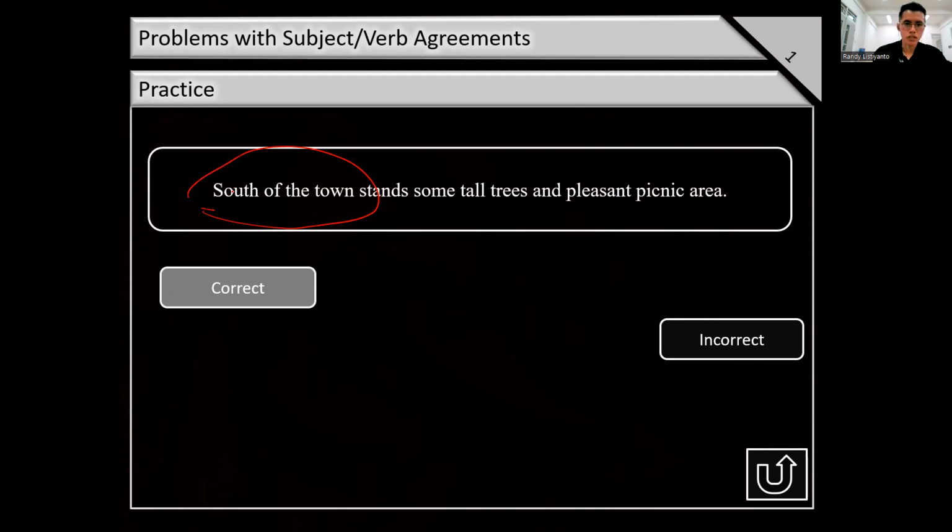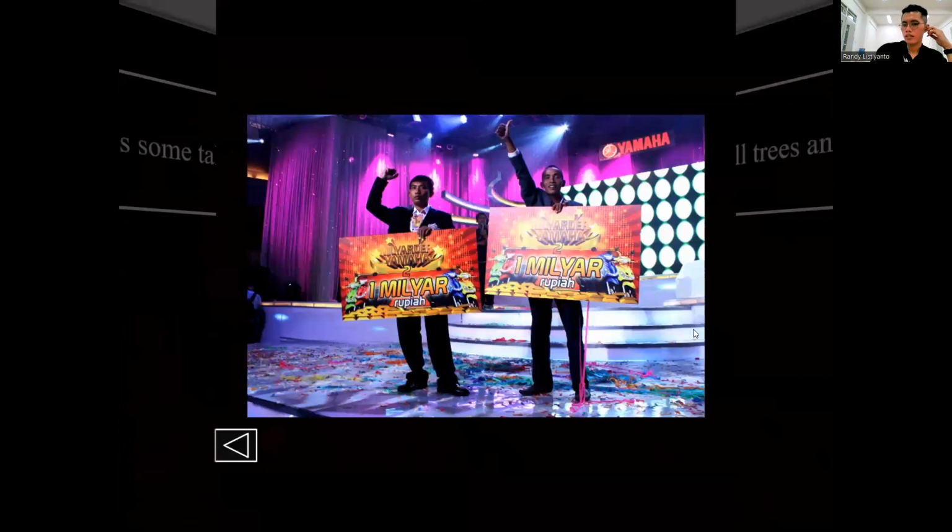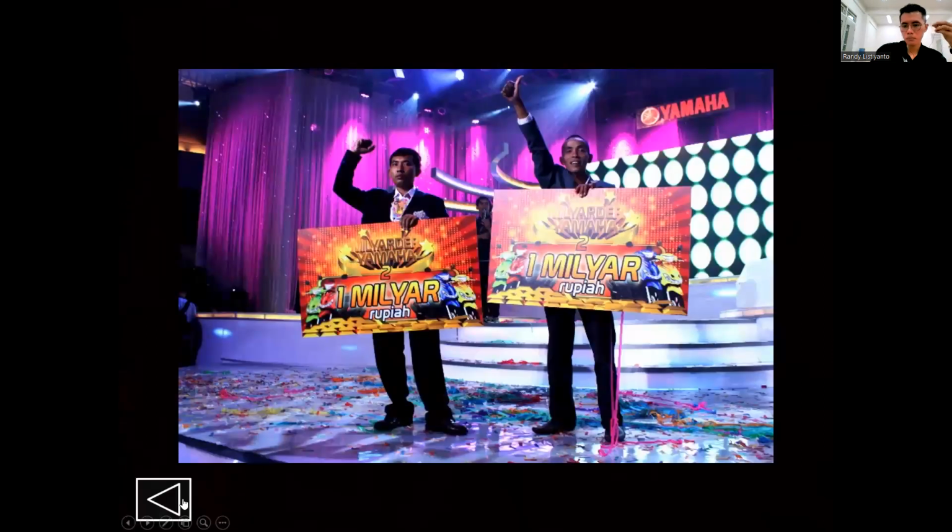No, south of the town is like an adverb of place as well. The real subject is some tall trees. Some tall trees here is plural, which means we have to use a plural verb as well. Stands here is for singular. Remember that. So is it correct or incorrect? It is incorrect.